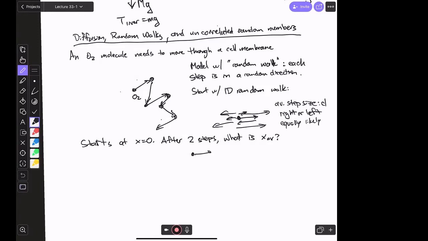So we could have both steps go to the right. We could have both steps go to the left. We could have the first step go right and the second step go left, or the first step go left and the second step go right. If I take the average of those 4, which will occur with equal frequency, what's the average final x?